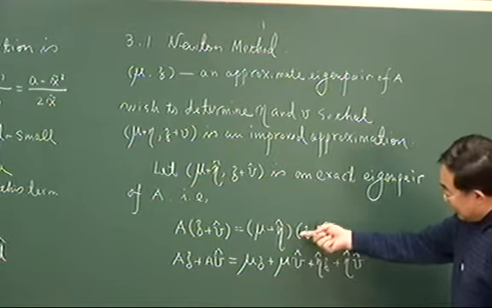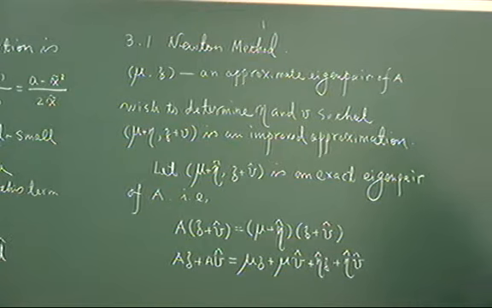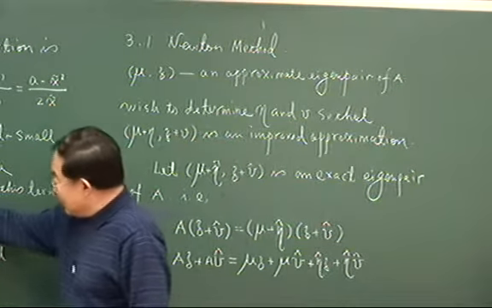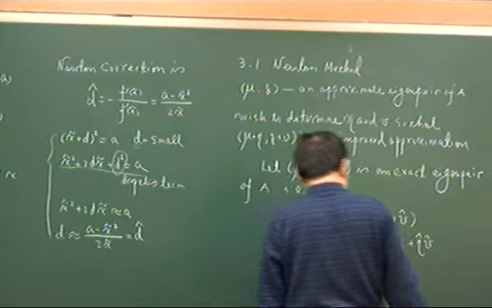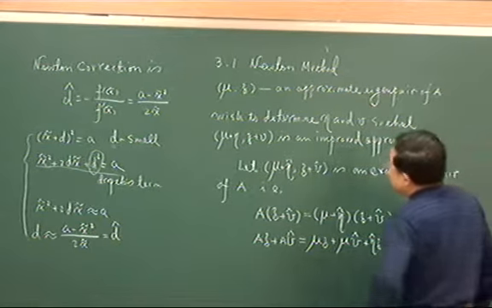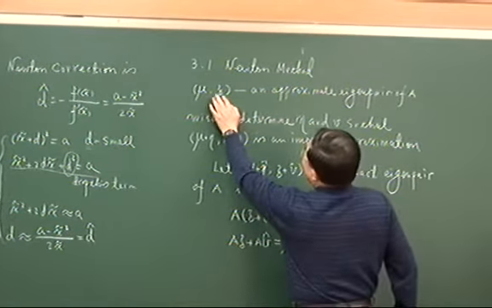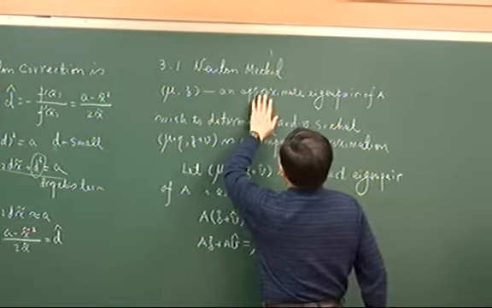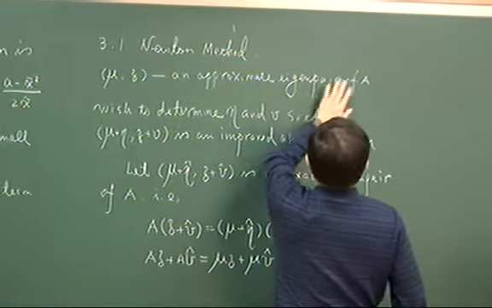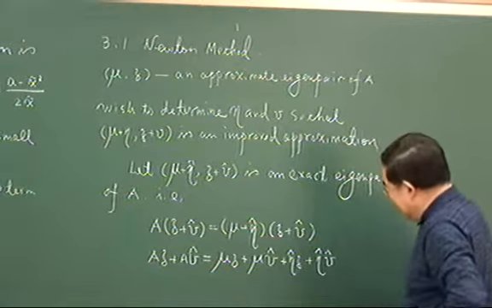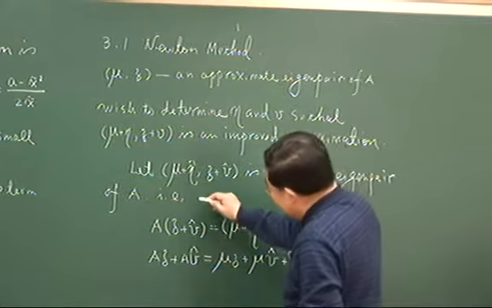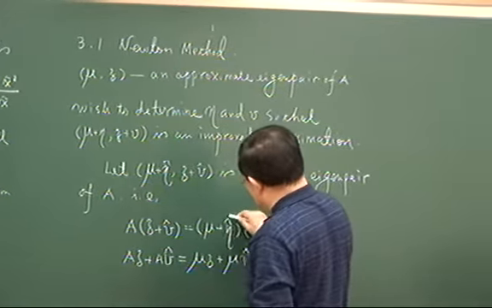If this is a better approximation of an eigenvalue of this matrix, this one should be smaller.